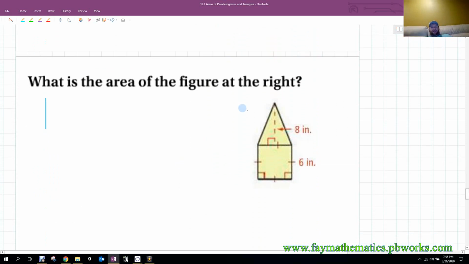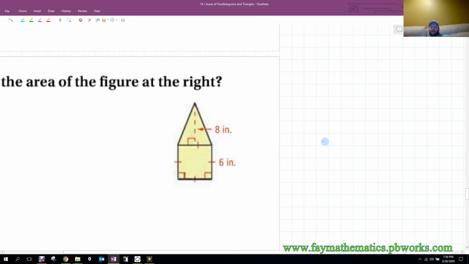This is kind of what I was talking about. If I want to find the area of a triangle like this, where I've got, I don't know, let's say 6 and let's put 20 here.